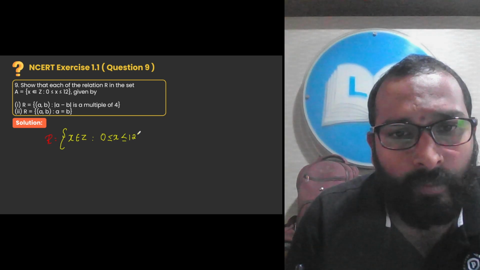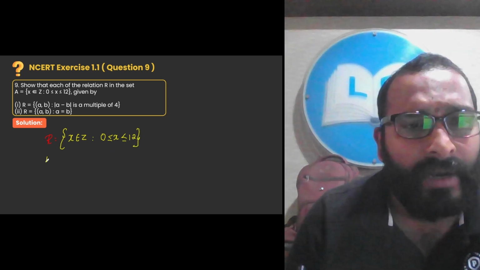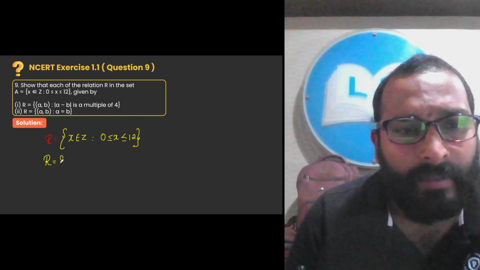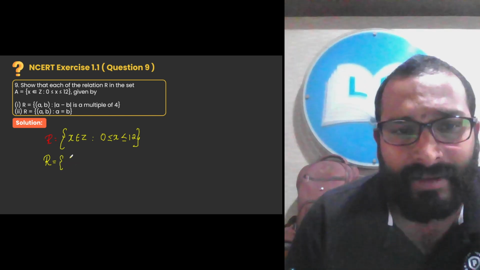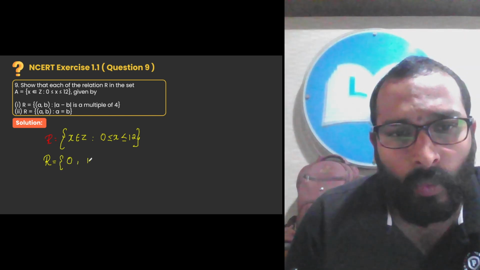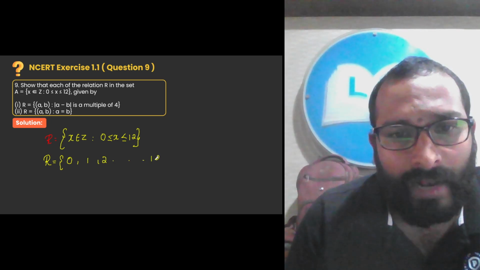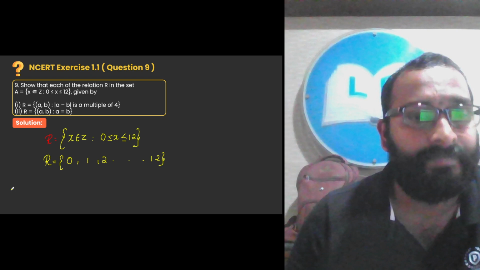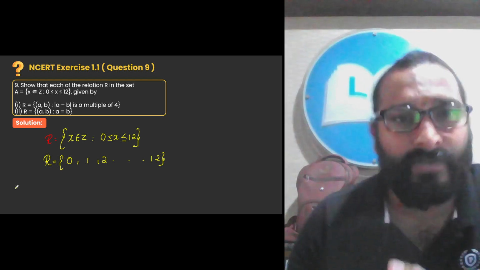Very important, children, understand. If I am writing the set, I can write 0, 1, 2 till 12. Yes or no, children? Yes. So it contains all the elements from 0 to 12.